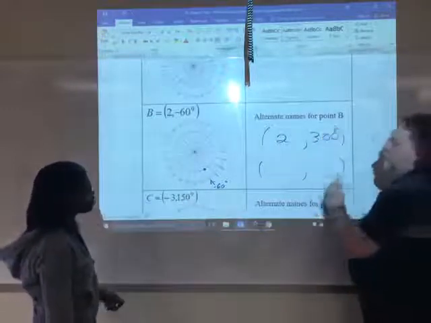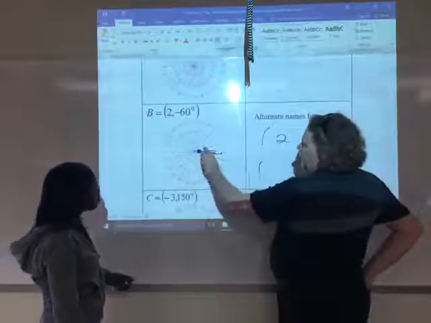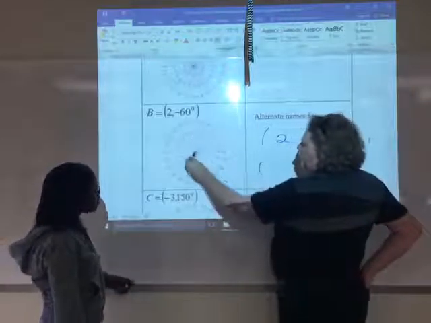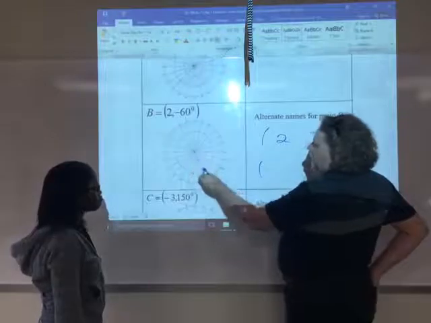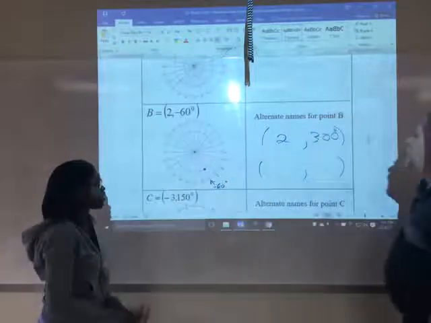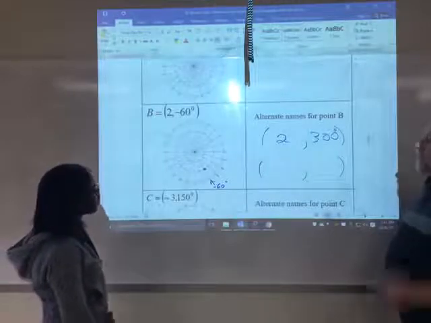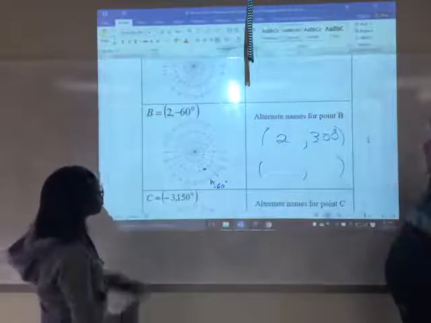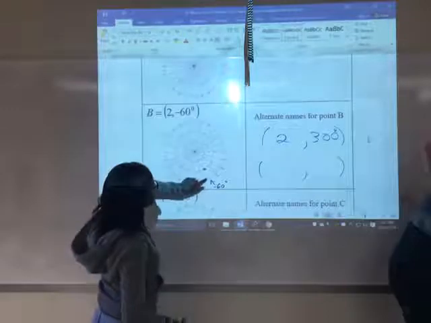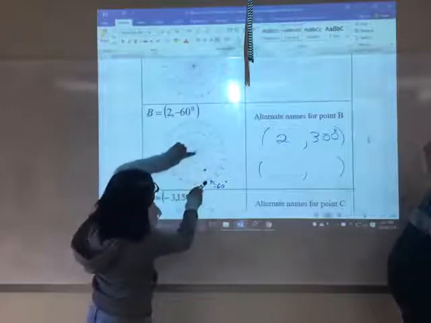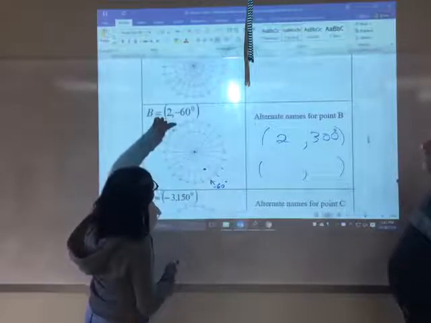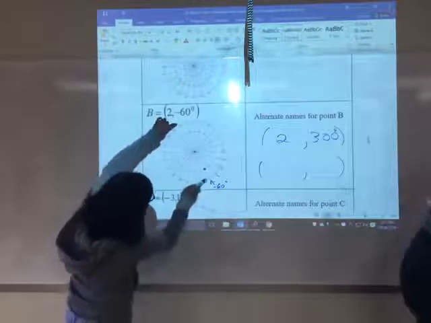Let me see if I agree. So you're saying from here, I should go around positive 300 degrees and then go outward 2. Well, that does the trick. Okay, so you found one. Can you find another? Okay, so then you can find the opposite 300, which when you go out would be this one.